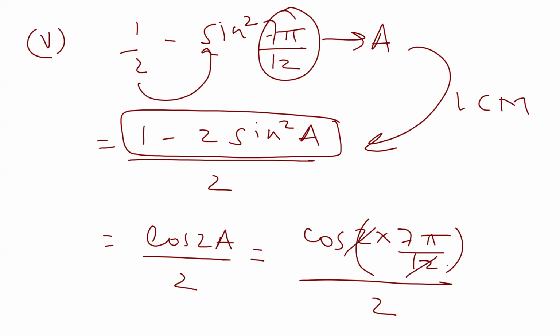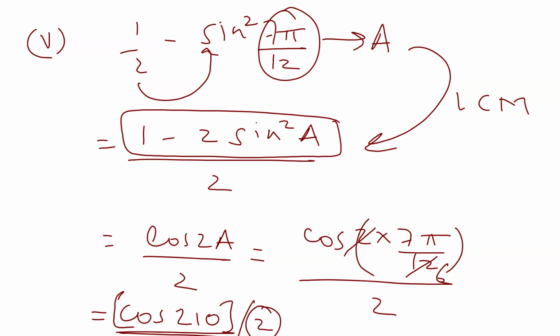Convert this into degrees: 7 into 180 by 6, so that is cos 210, the whole upon 2. Now cos 210, you can calculate using the divide by 90 method and get the answer. The final answer has to be divided by this 2. This 2 has nothing to do with the trigonometric function. The final answer will be overall divided by 2. Okay, fine.